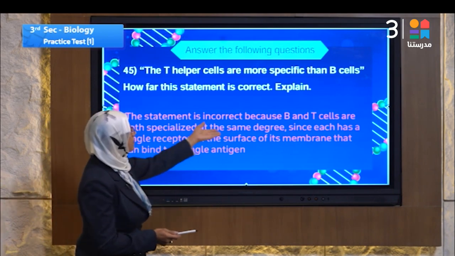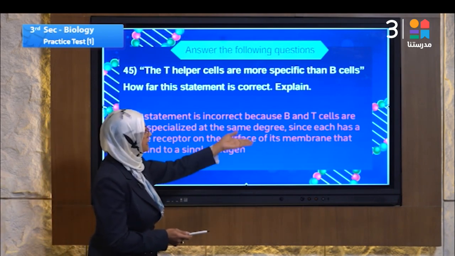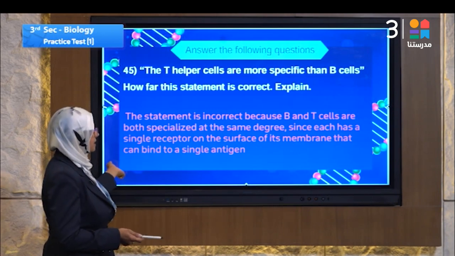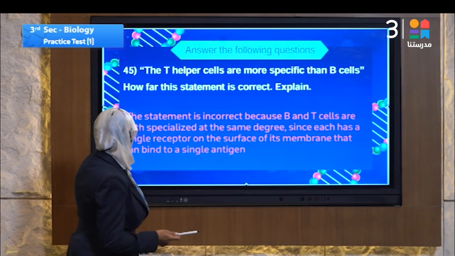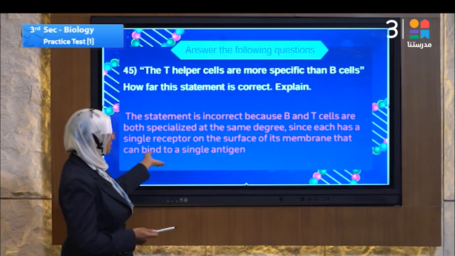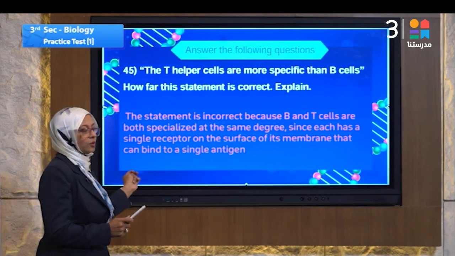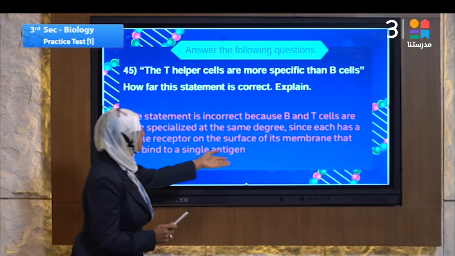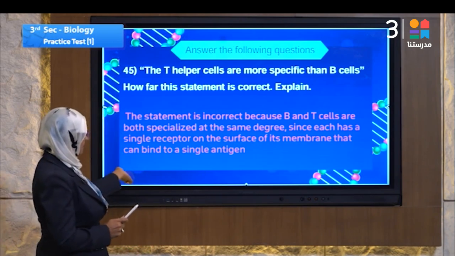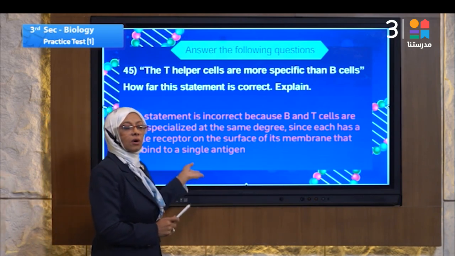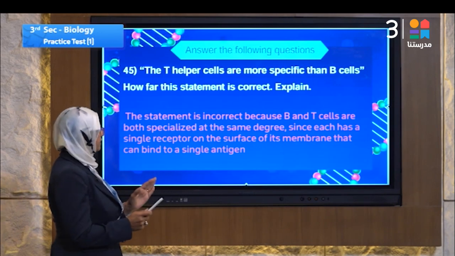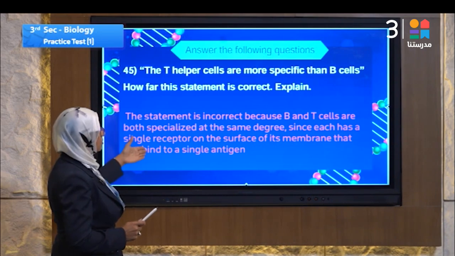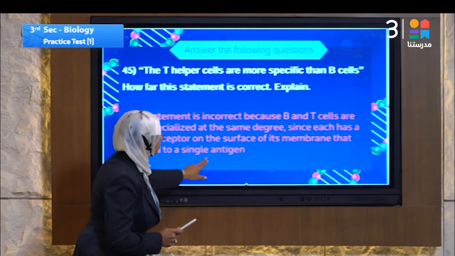The statement is incorrect because B and T cells are both specialized. Yes, both of them are specialized to the same degree, since each has single receptors. Each one has a specific receptor on the surface of the membrane that can bind to a single antigen. All of them are specific, so this sentence is not correct. It's a wrong one, and this is the explanation.